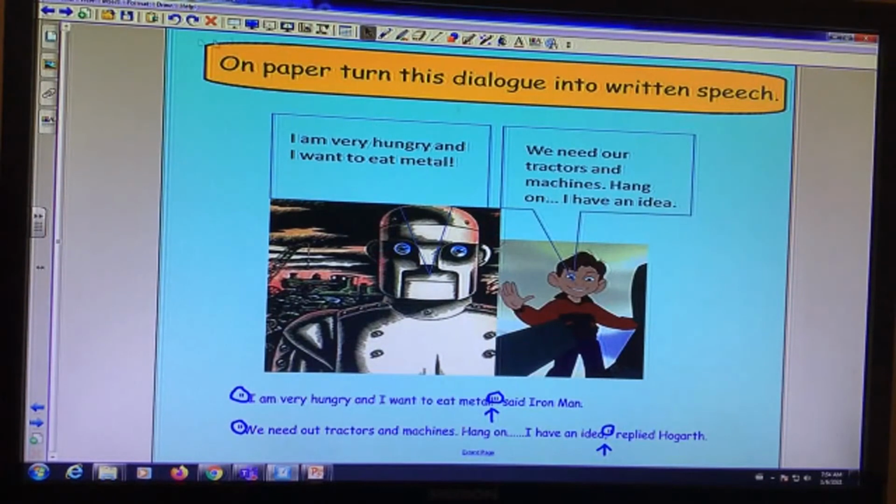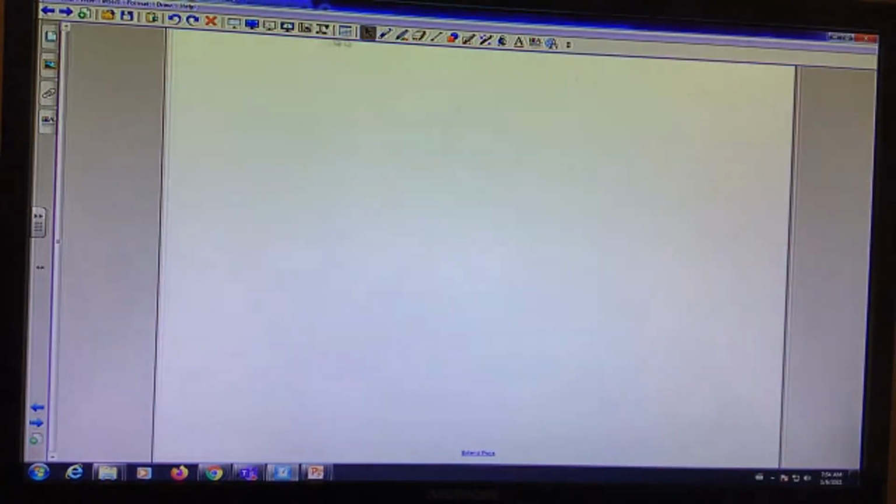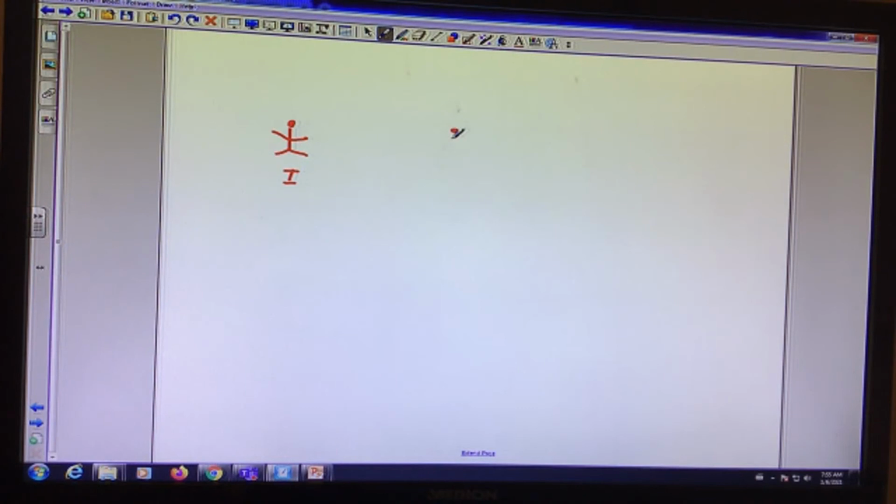If you've not got a printer, that's okay, because what you can do is just very quickly draw a couple of stickmen. There's the Iron Man. Do another stickman for Hogarth, or another character, and then just do your speech bubble. Start it off first. I wouldn't do the whole bubble because you never fit all the words in.